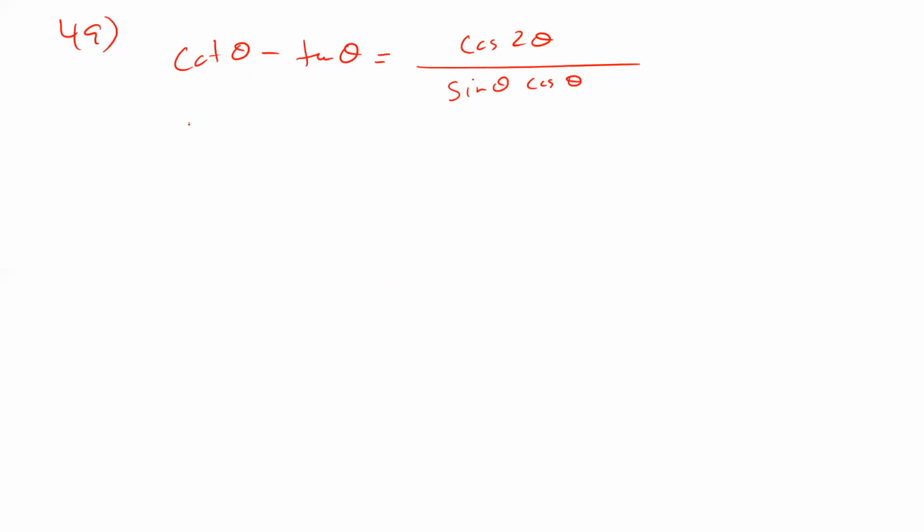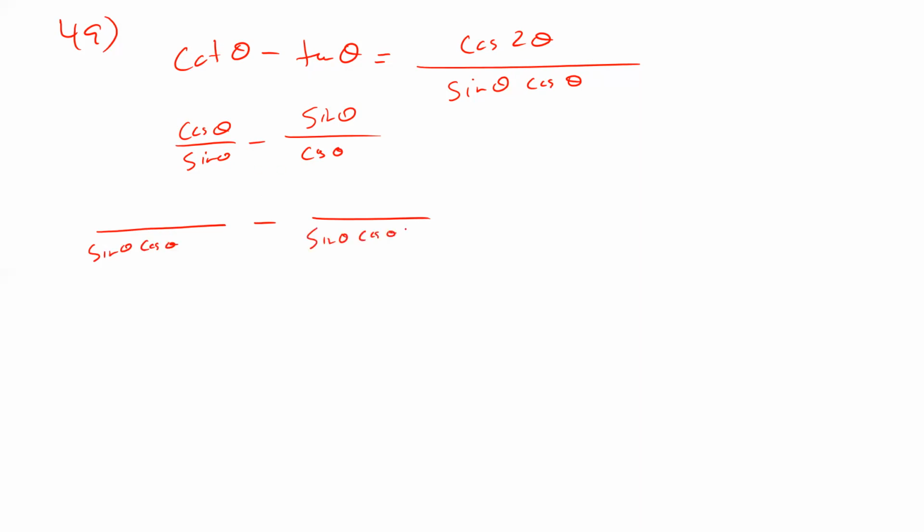So cotangent is cosine over sine. Tangent is sine over cosine, and I think I got what I needed. I'm gonna get common denominators here. So I got cosine theta, sine theta times cosine theta. Oh, that was easy.